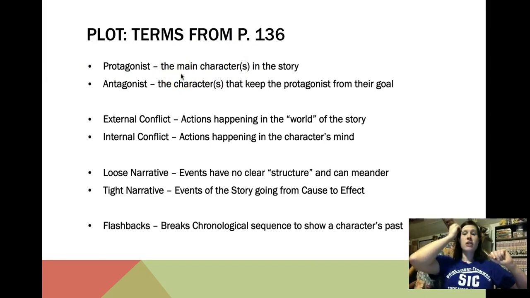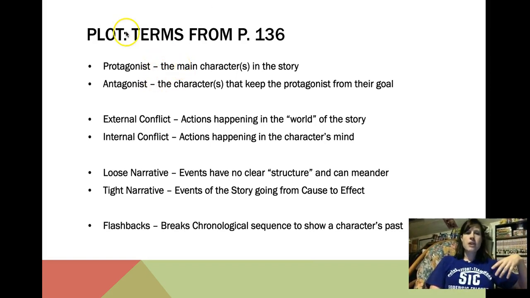If you've ever seen Megamind, or recently our culture has been obsessed with anti-heroes, so Deadpool, Venom, Suicide Squad, those protagonists are not good guys, and that's kind of the point, to tell a story from a bad guy's point of view. So even though they're bad guys, they're still the protagonist, the main character in the story.